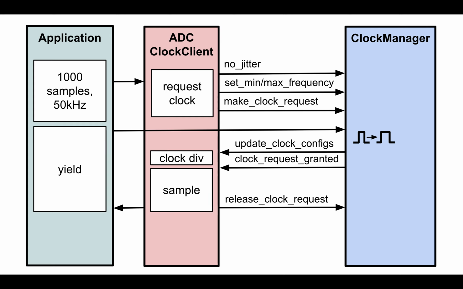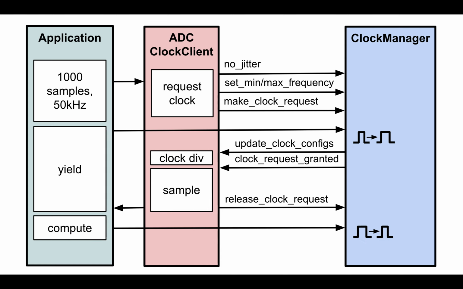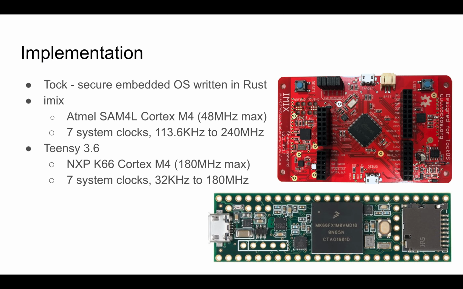The application then begins calculating the FFT based on the ADC results. After compute lasts longer than a time quanta, the clock manager changes to the low energy clock. After the application finishes compute, the application yields. The clock manager does not change the clock since the low energy clock is already in use.